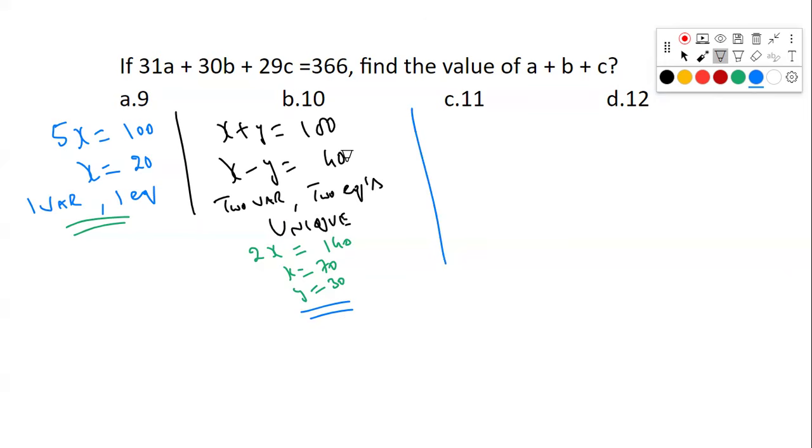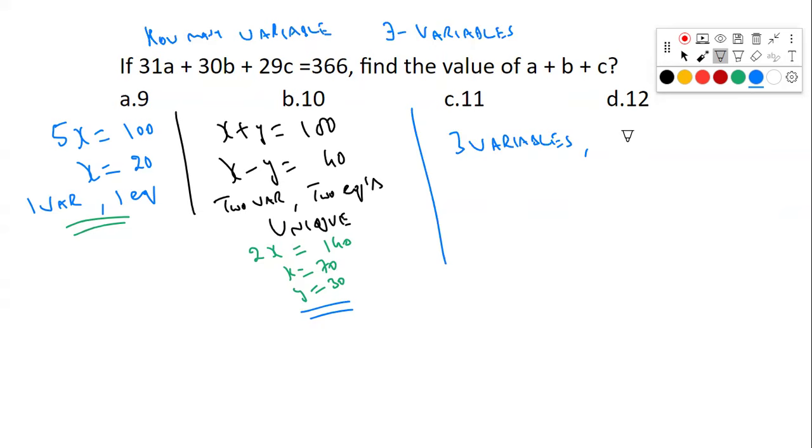So now coming to the question, how many variables are there in this question? Obviously you can see that A is there, B is there, C is there. That is, you have three variables. So logically, with whatever we have done so far, you should be able to tell me how many equations you need to solve this.